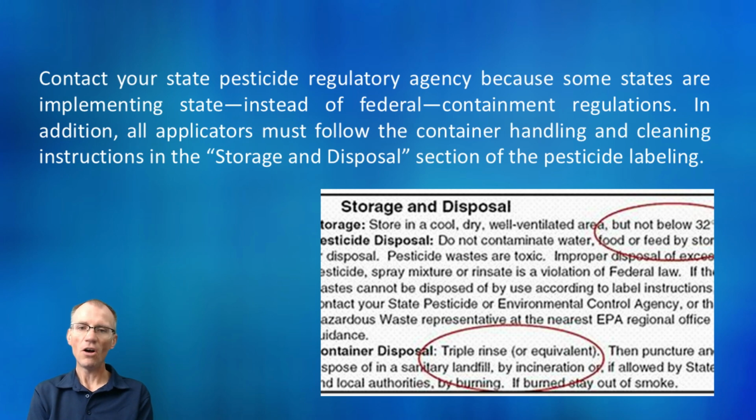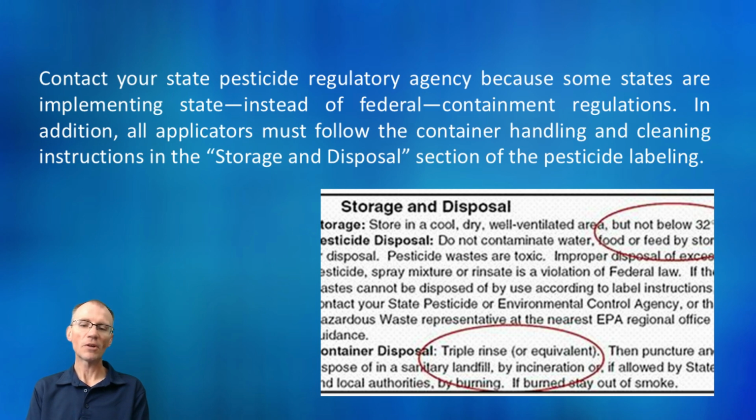In addition, all applicators must follow the container handling and cleaning instructions in the storage and disposal section of the pesticide labeling. Now we can take this right back to reading the label. As mentioned, you need to read the label before you use any product. But also with storage and disposal, the label is going to have some very specific things.